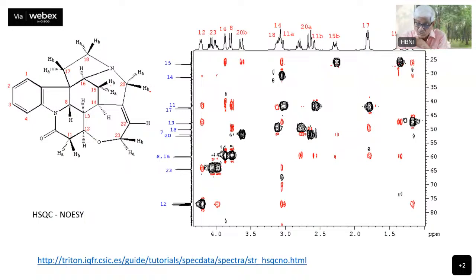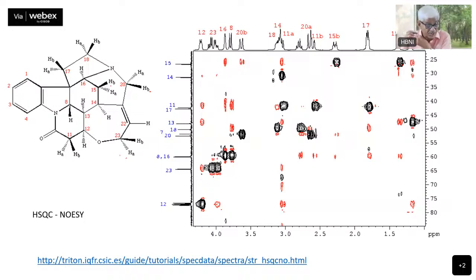Okay, so let's look at this one here. 12 is showing to this one, and this one. There are three there. Where is 12? 12 is here. 12 is showing to 23, 11, 13, 20. 23 will come, 23A will come. 13, 14 and 11, four possibilities. 14 is here. 13 is here.